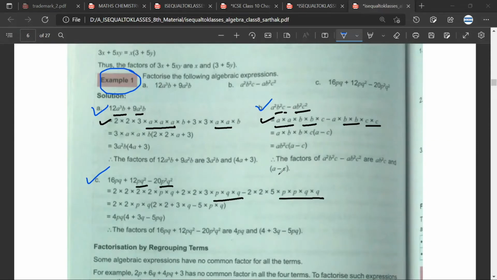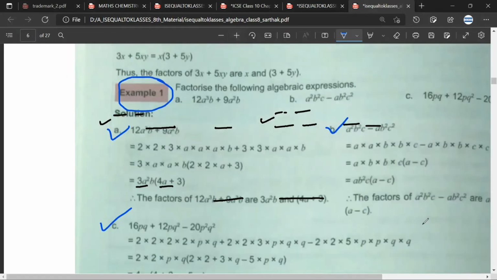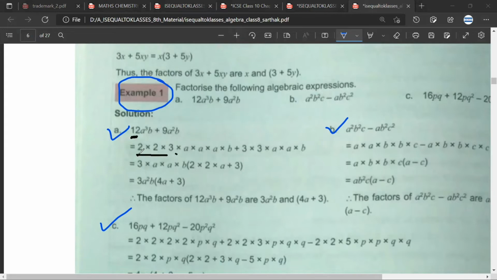Yes. Basically, he is trying to tell you that this 12 can be expanded like this, this a cube b can be expanded like this, this 9a square b can be expanded like this. This is what he's trying to say. And then he takes the common factor out. Mr. Sarthak, any doubt? No.